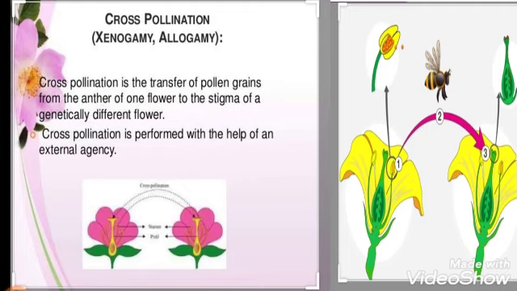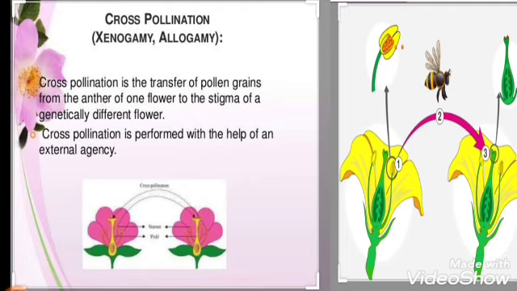Same type means that pollination will take place between the same variety of flower, like a hibiscus flower with another hibiscus flower, a rose with another rose flower. It is not possible that pollination will take place between a rose flower and a hibiscus flower. Right? Now, who is responsible?